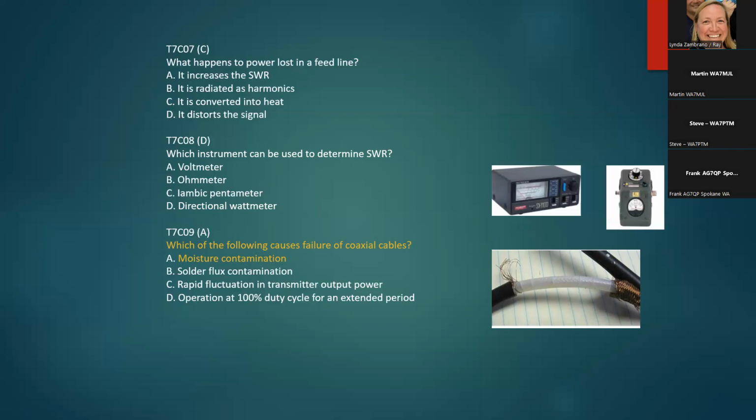It gets inside the braid of the coax cable and causes corrosion, which causes increases in SWR or possibly failure of the cable itself. Moisture is the correct answer, and you want to do all things possible to prevent moisture from getting to your cable.